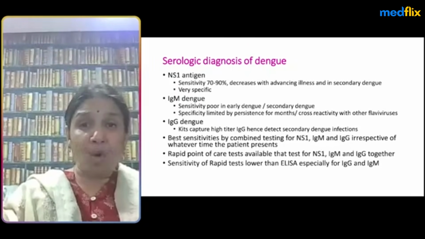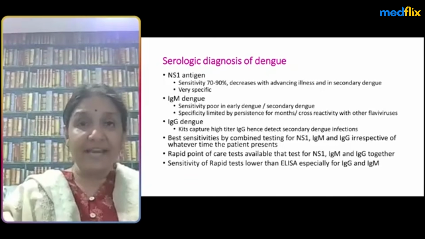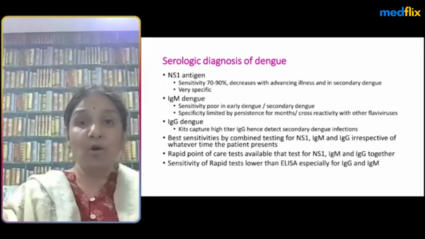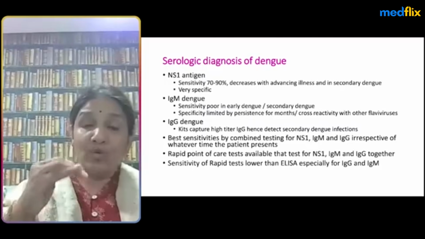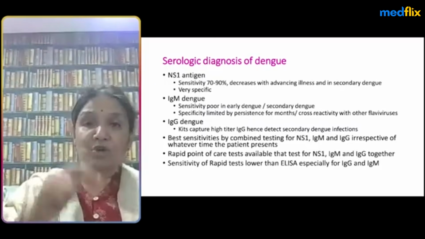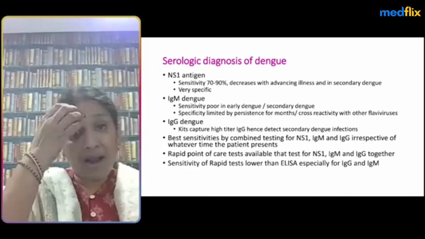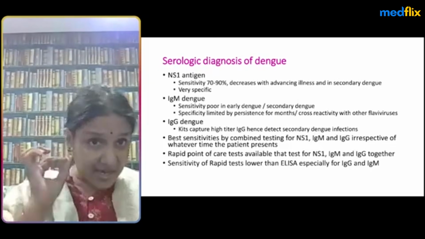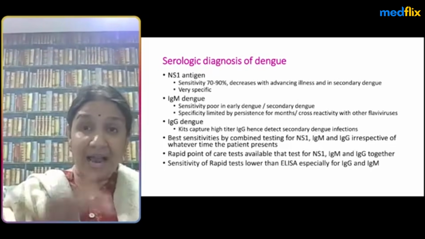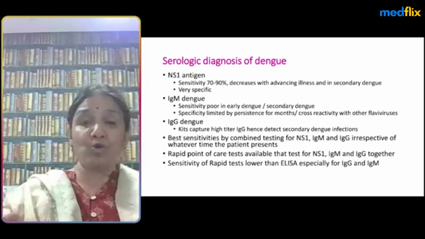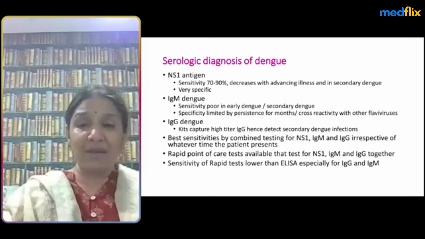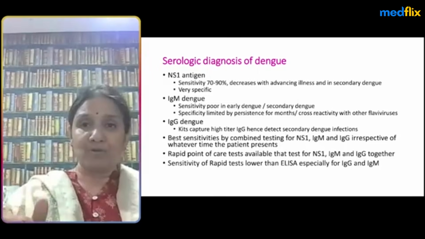IgG dengue is again important because most of the kits, at least the good kits like PanBio, have detected only the IgG which is positive because of secondary dengue. So if you have a patient where NS1 is negative, IgM is negative, and IgG is positive, it means it could be secondary dengue, and this is the patient you have to be careful about.